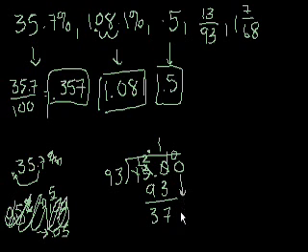Bring down a 0. So 93 goes into 370. Let's see, 4 times 93 would be 372, so it actually goes into it only 3 times. 3 times 3 is 9. 3 times 9 is 27.